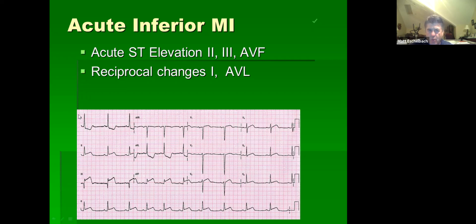When you talk about 1, don't go to 2 next, go 1, AVL, and then V5, V6. That's the pattern. Attack it top left to bottom right. Then you go to inferior, then you go to these lateral changes. So good. All right, next one.